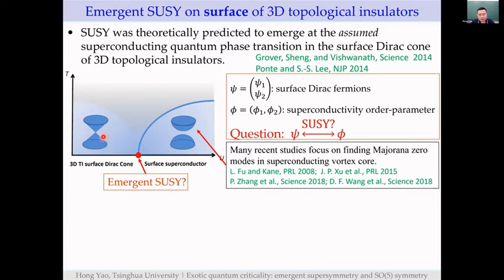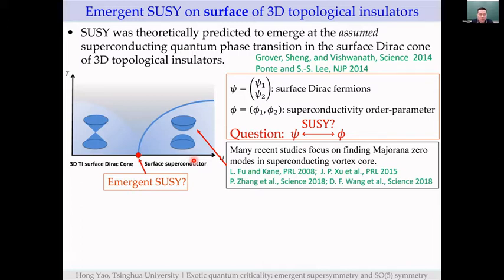If this surface undergoes a superconducting quantum phase transition by tuning some interaction parameter U, for instance, by tuning the strength of electron-phonon coupling or attractive U, the system can undergo a zero temperature quantum phase transition from this single Dirac cone to a superconducting surface state across a quantum critical value of U.